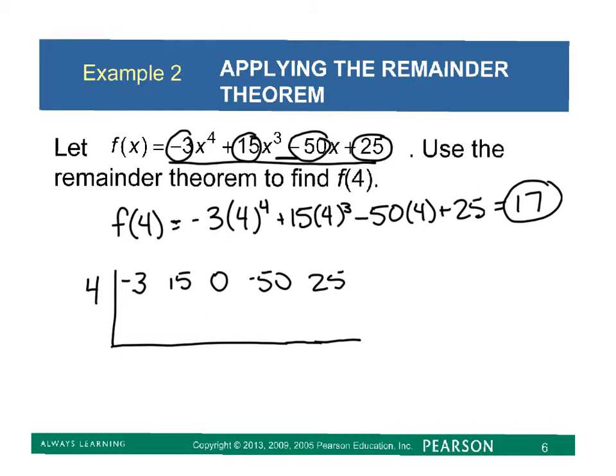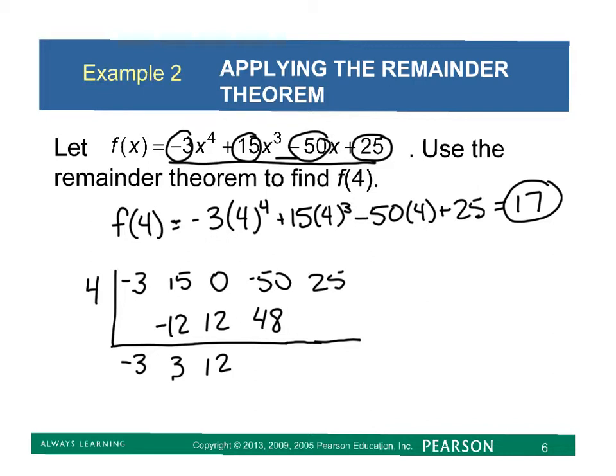So bring down the first number, multiply, add together, so 15 and negative 12. Then multiply 4 and 3, you get 12 again. And then add together, and then 4 times 12.